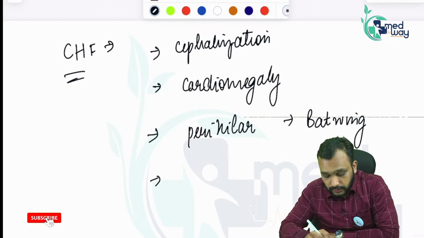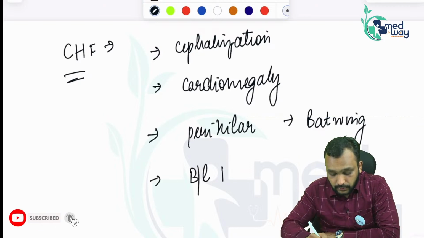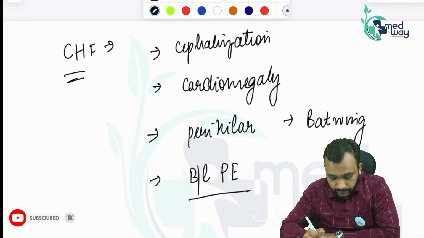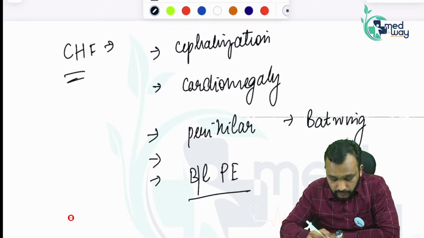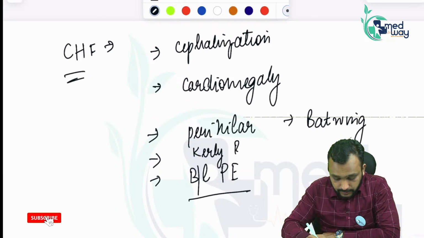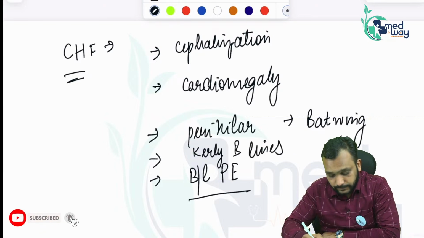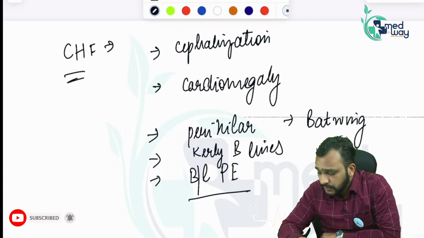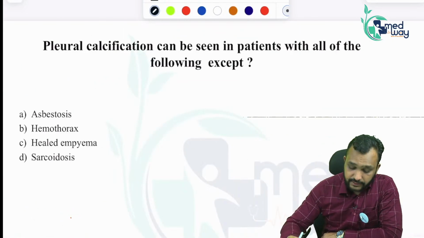And third, you are going to see bilateral pleural effusion, and along with that, you are also going to see Kerley B lines, right? So these are important findings that you are going to see in congestive heart failure.